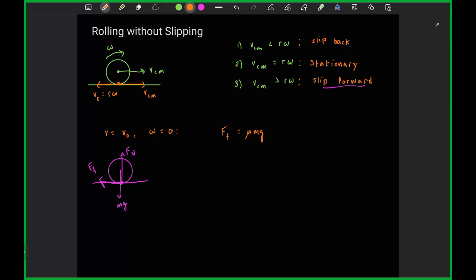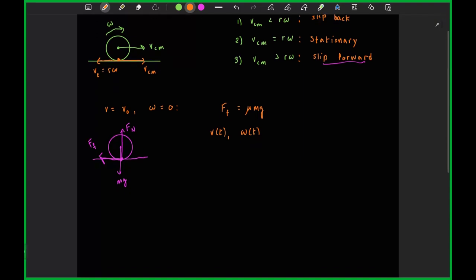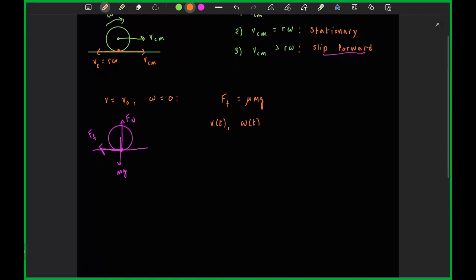So now let's consider what will happen to our velocity and our omega as functions of time. Our goal is to find v of t and omega of t. To do this, I want to find both my linear acceleration and my angular acceleration, and we can do those independently. We know our velocity will be equal to v naught plus at.